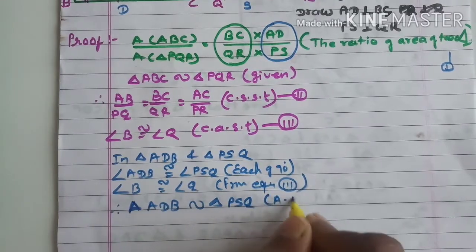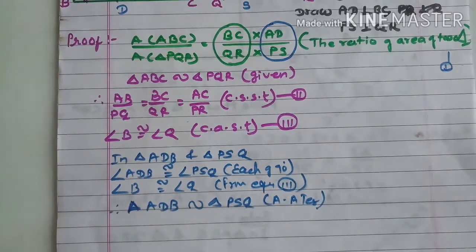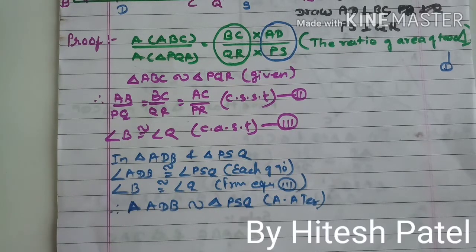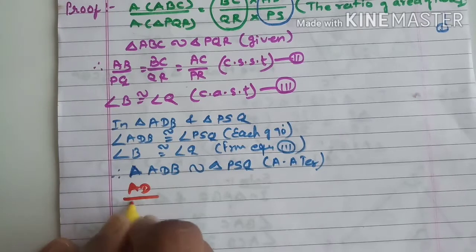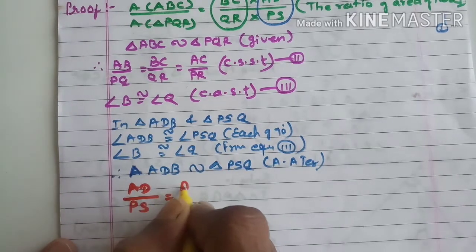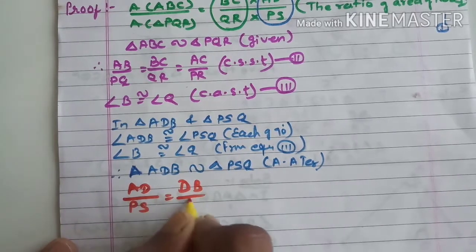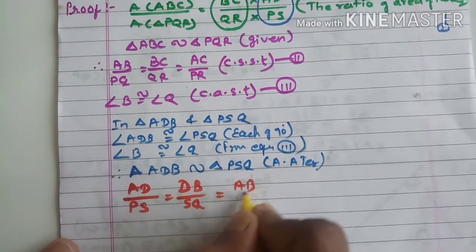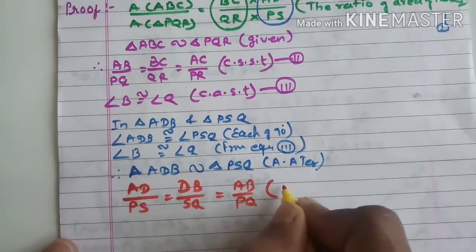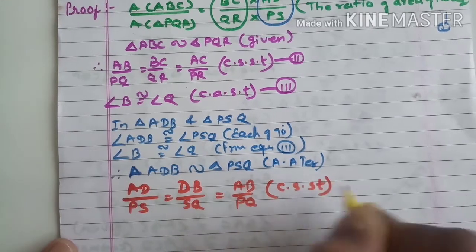PSQ by the AA test. If triangles are similar then corresponding sides are also proportional. So write down the corresponding sides: AD upon PS is equal to DB upon SQ is equal to AB upon PQ, corresponding sides of similar triangles.